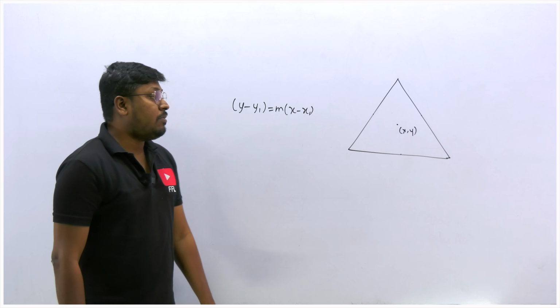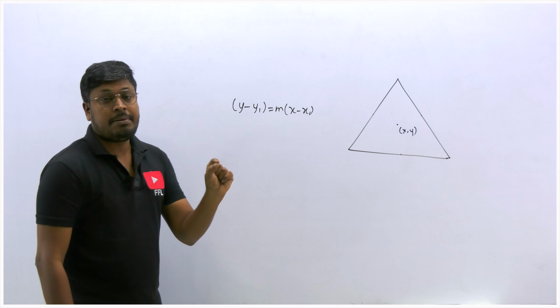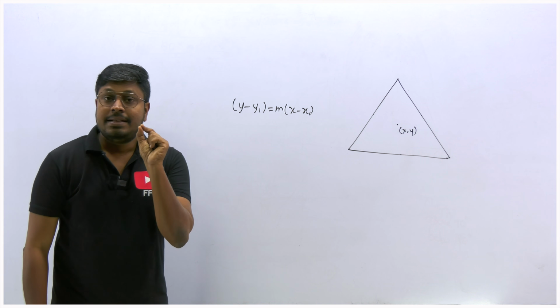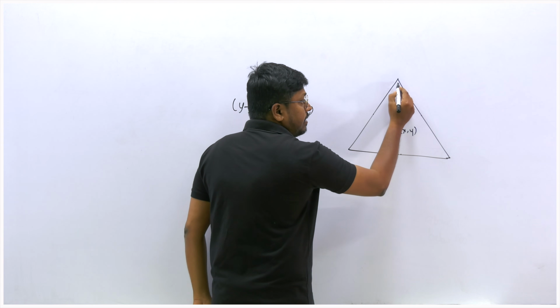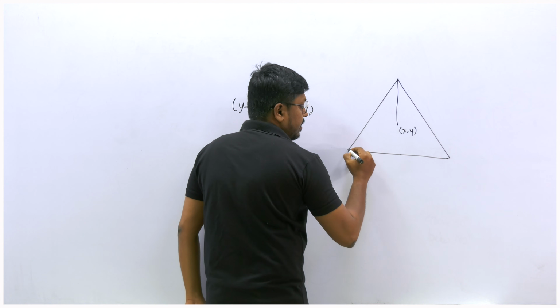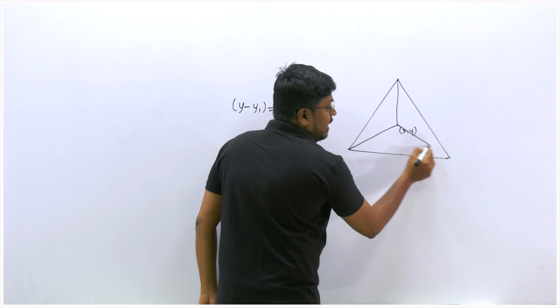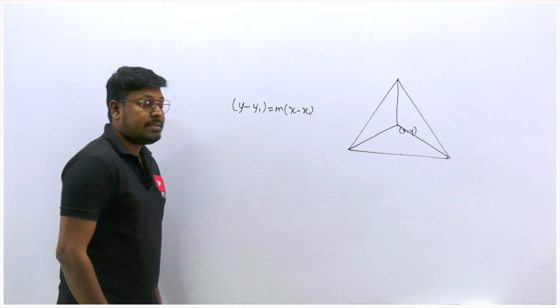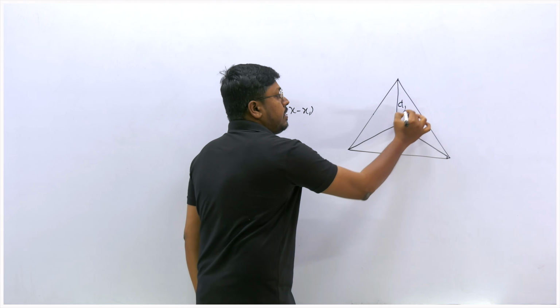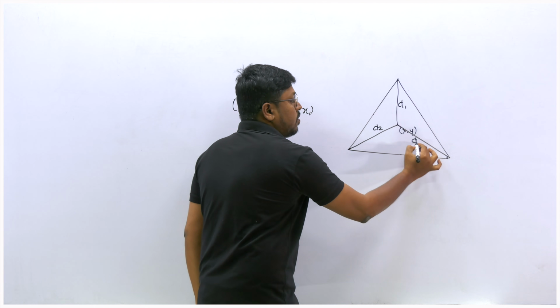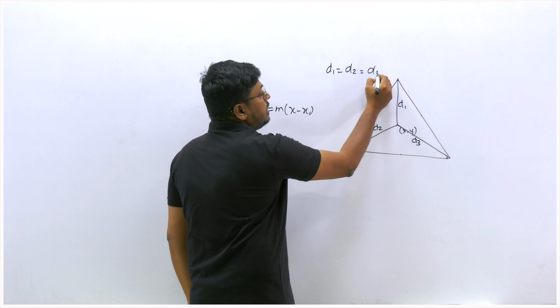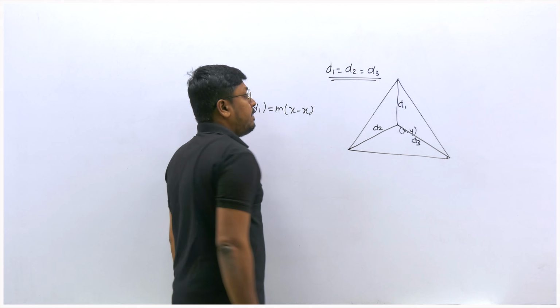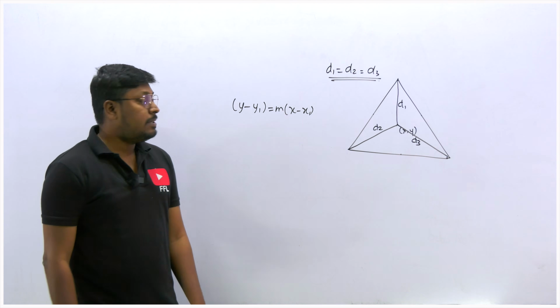One important thing to remember is that after drawing the circumcenter, the three lines connecting it to the vertices will be the same length. Let's assume them as d1, d2, d3. All three distances, d1, d2 and d3, will always be the same. Don't forget that.